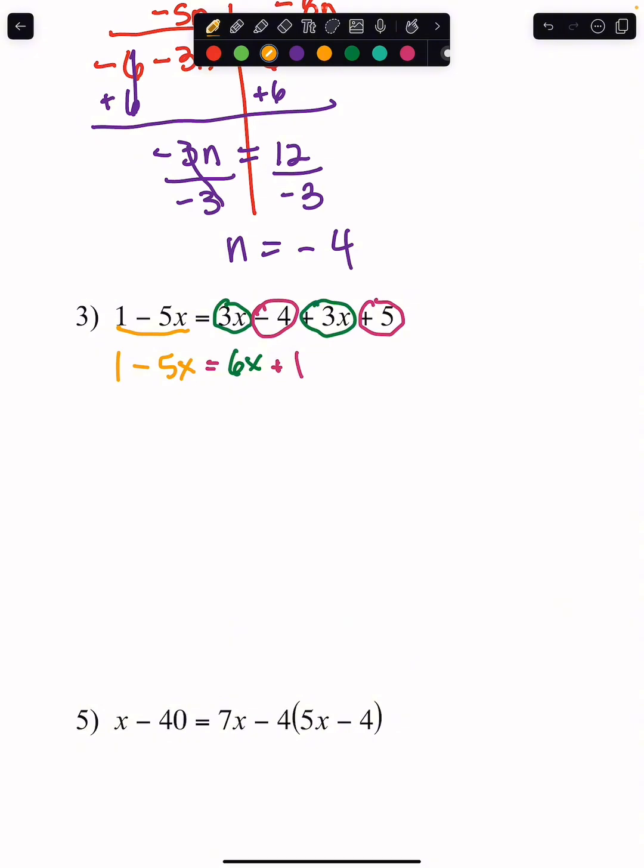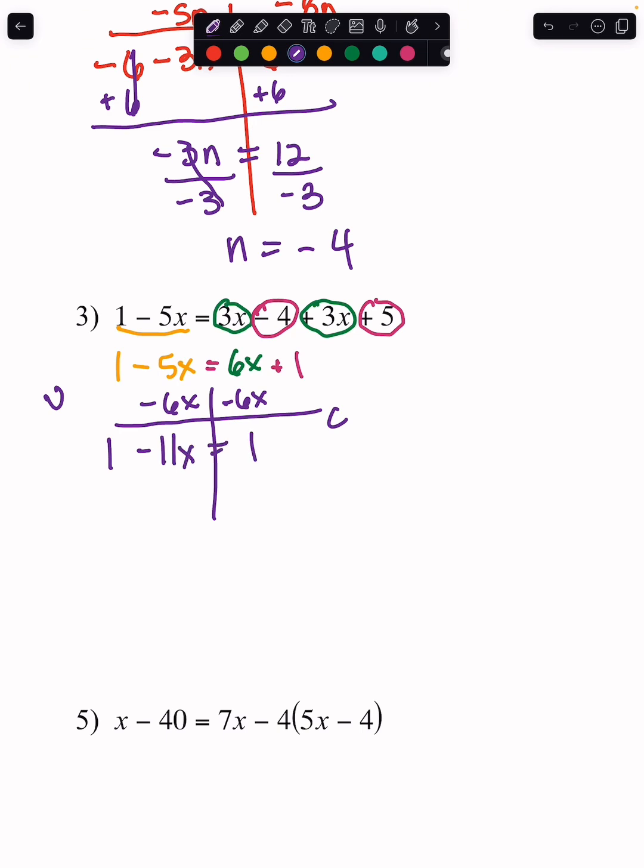Okay, so let's keep going. Remember, I want all my variables on one side, all my constants on the other. So I'm going to move my variable and subtract 6x, minus 6x, and you're going to get negative 1 minus 11x equals 1.